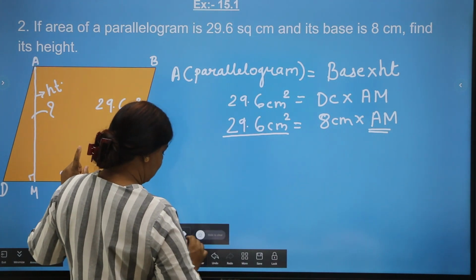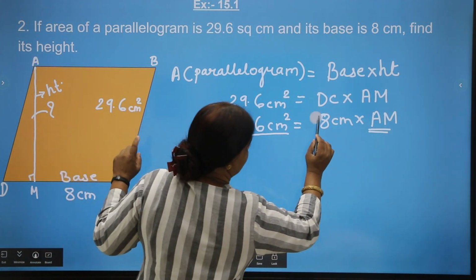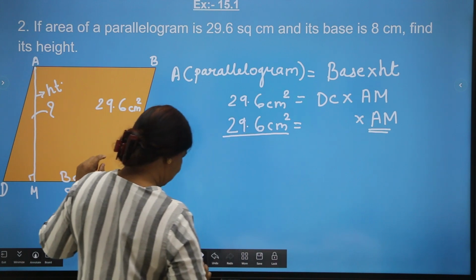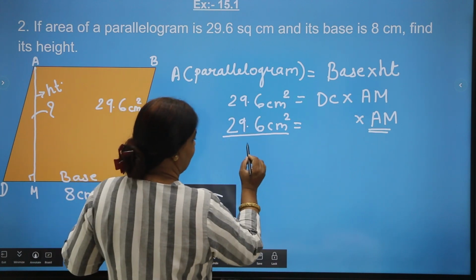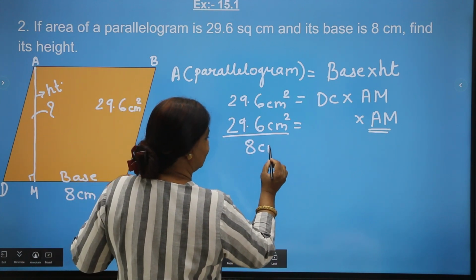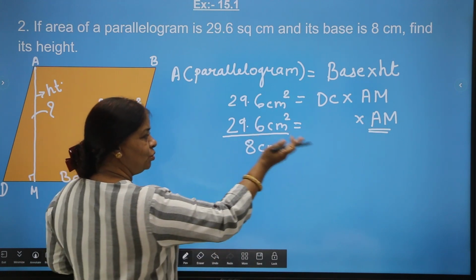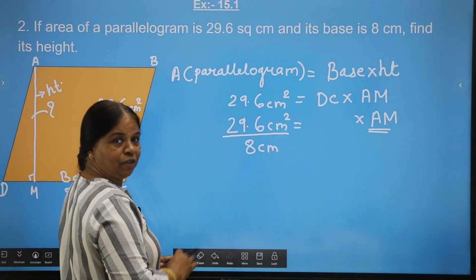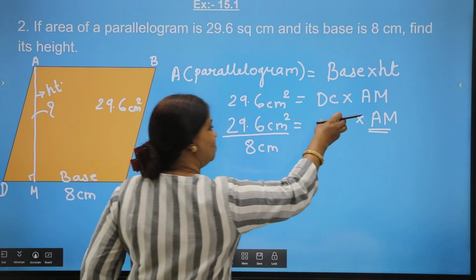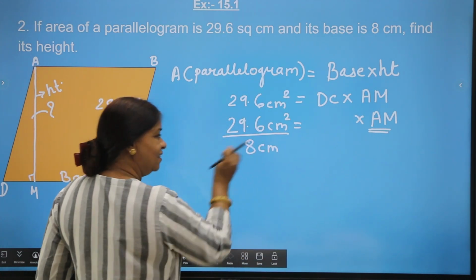So, see, 8 centimeter. I am shifting and writing it here. Okay, this you should do in the next step. But to clear your idea that this number I want to bring from there here.